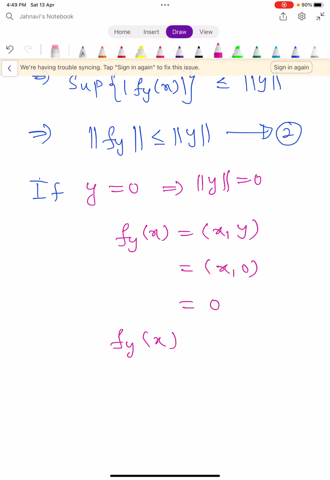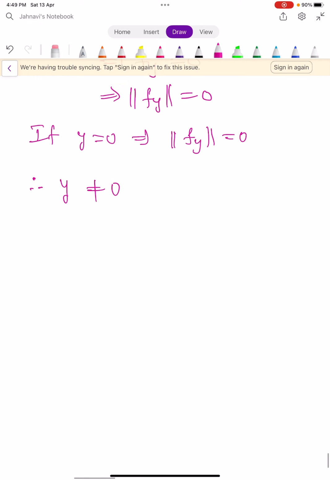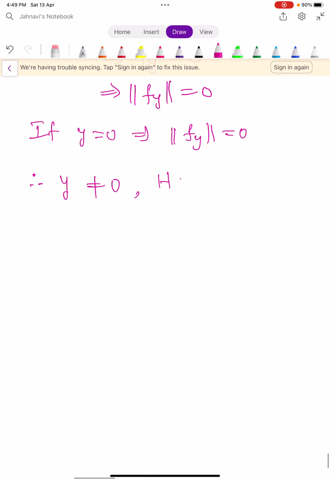It means f_y(x) is equal to 0, which means f_y is the zero functional. So ||f_y|| is also 0. Therefore, this y must not be equal to 0, which means H is not a zero space.